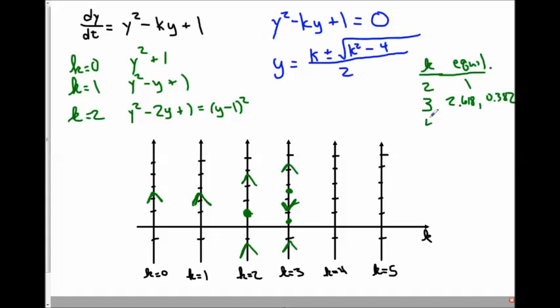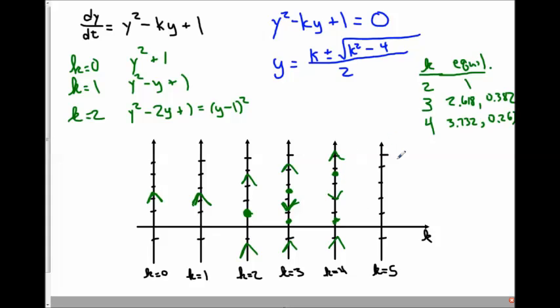Now we can continue. If k equals 4, again, we'll also get two answers. In decimal form, if you plug them into your calculator, they end up being 3.732 and 0.267. So I think right here and right here. And again, up, down, up.